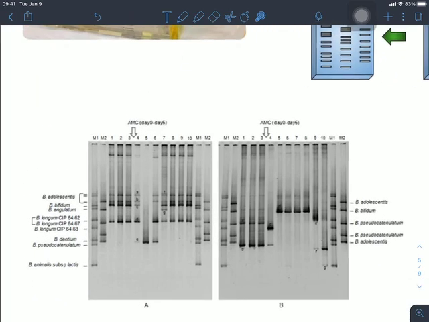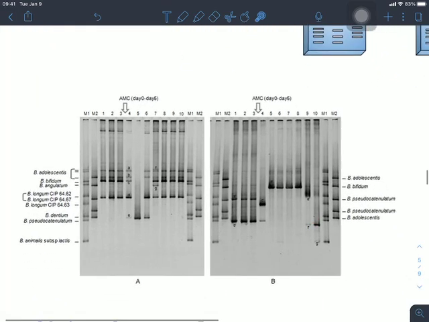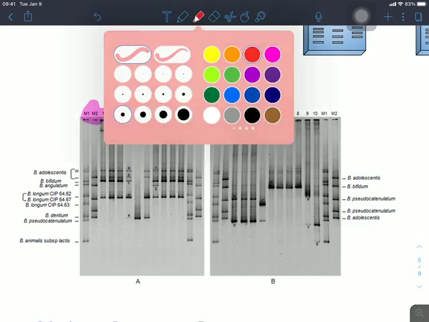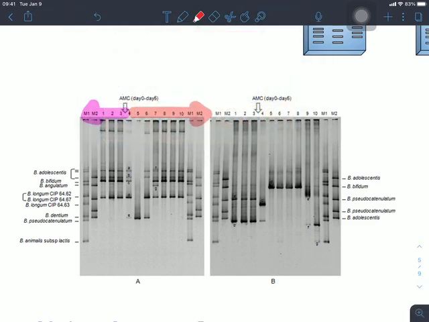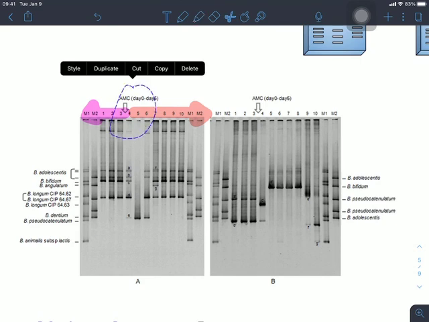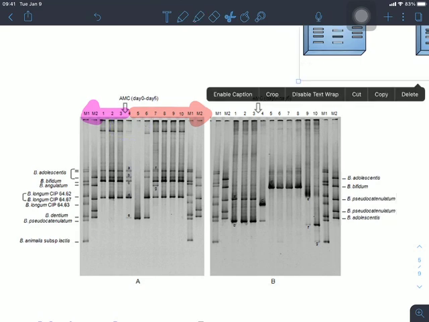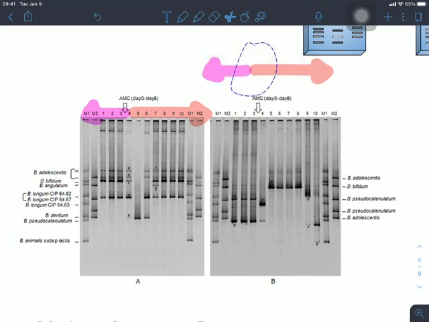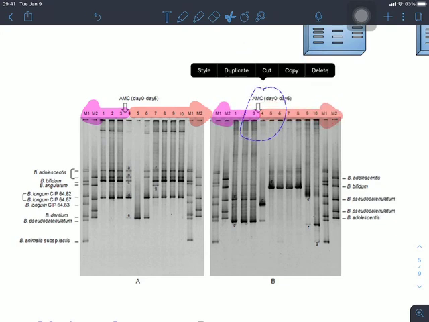And we can also see some really cool patterns, like in this gel, looking at what happens in terms of bacterial diversity in the gut before and after bombing it out with antibiotics. So both of these gels are of two different individuals where you see patterns before and after they've been bombed out with antibiotics.